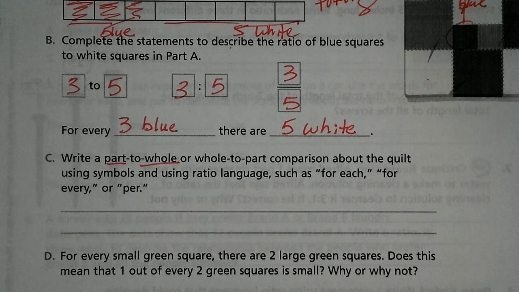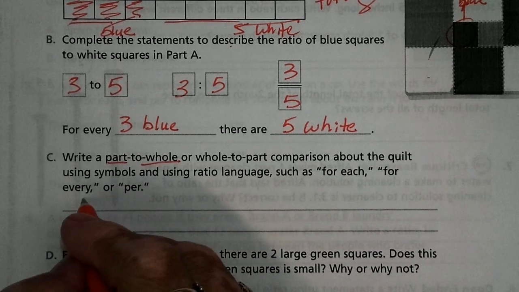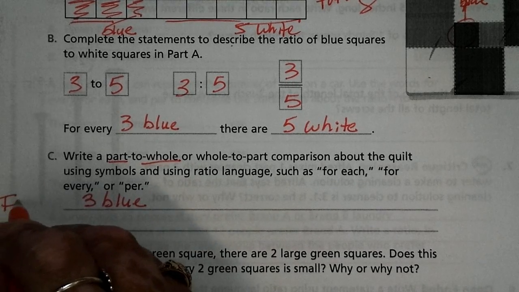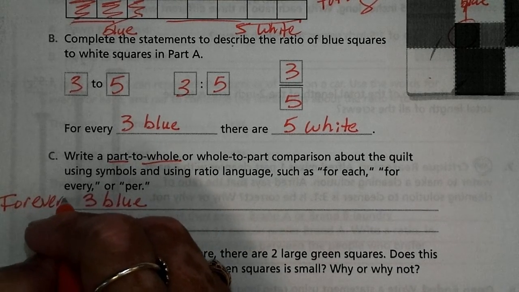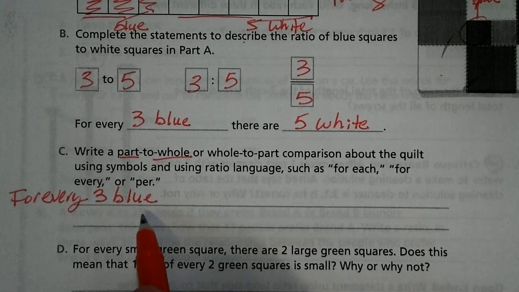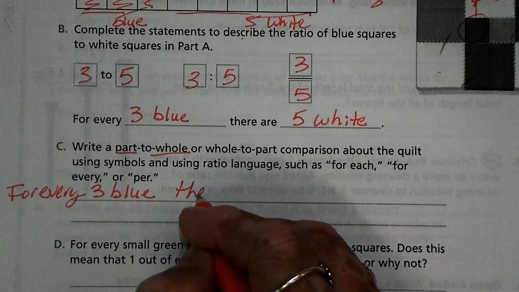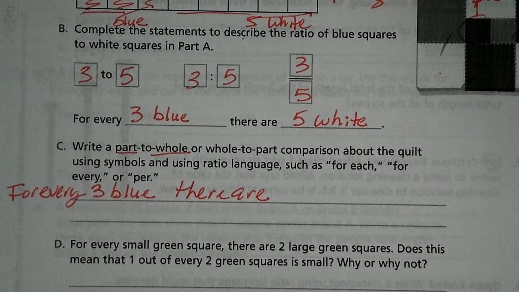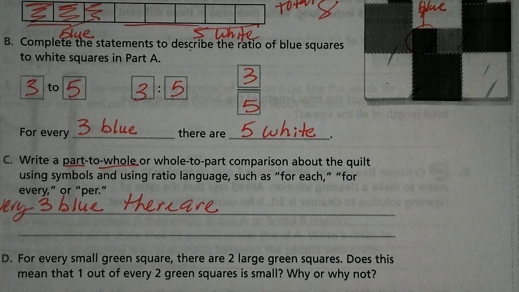Blue. Okay, so we already know 3 blue. So we're going to say for every 3 blue, there are how many total squares? Because this is a part to total. 8.